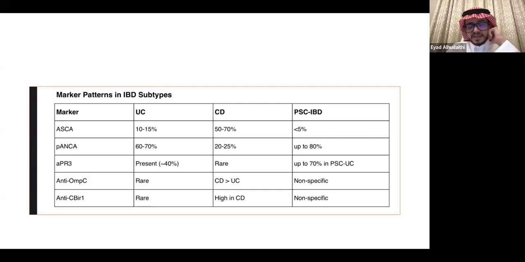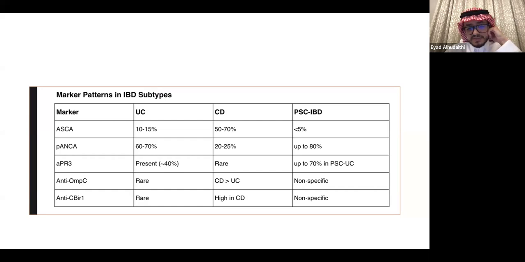Actually, if you look at the antibodies related to IBD, ASCA is more prevalent in Crohn's disease. It can reach up to 70%, while pANCA is more prevalent in UC. But if you have worked with a more expanded panel of antibodies, you might be familiar with proteinase-3 antibodies.